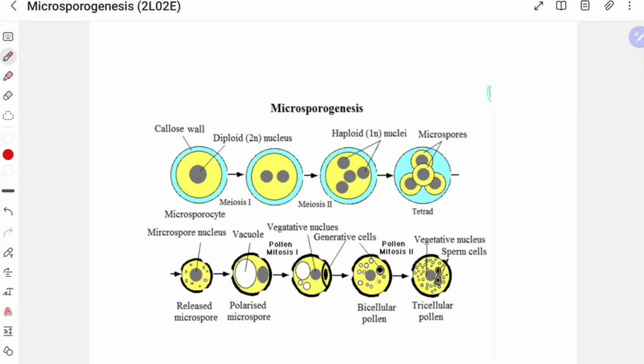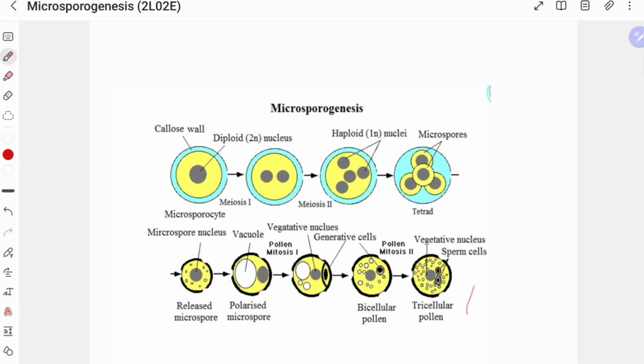Then bicellular pollens are formed with a generative cell and a vegetative cell. The generative cell develops into tricellular pollen, meaning one vegetative nucleus and two sperm cells.